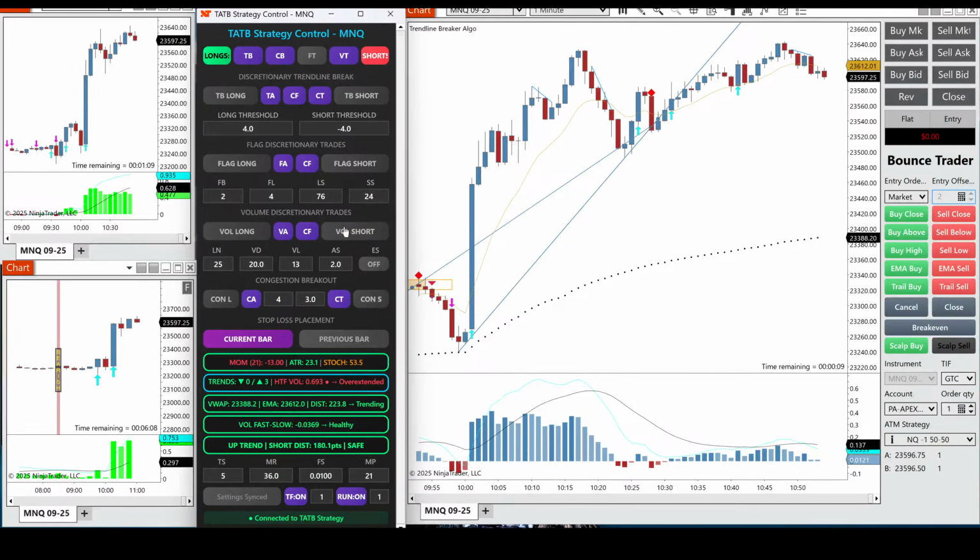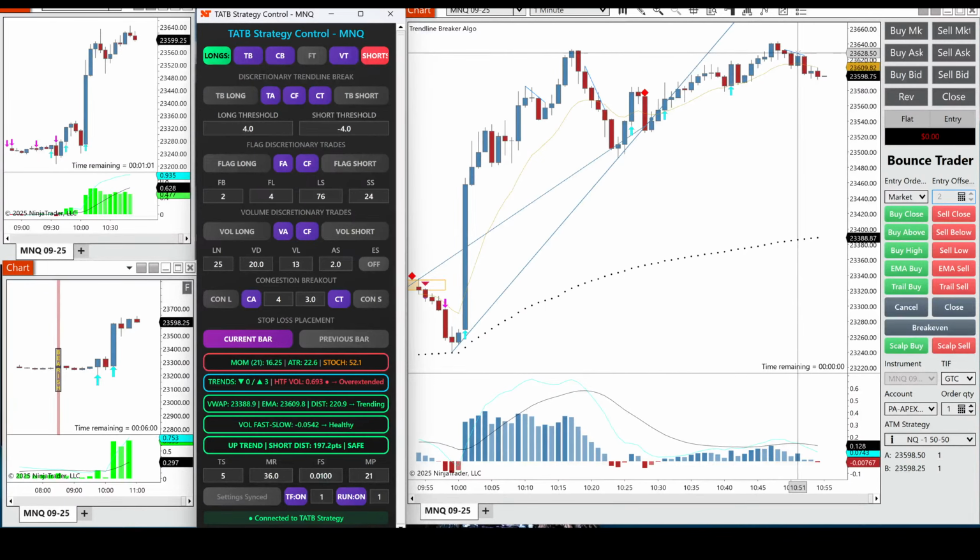Well, actually, no. I will still look for longs, even though it broke this. We'll see if the algo will pick up a short. Let it be. I will look for longs on the discretionary side because we didn't have a divergence here.